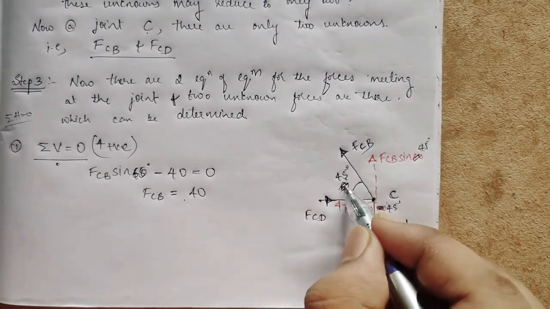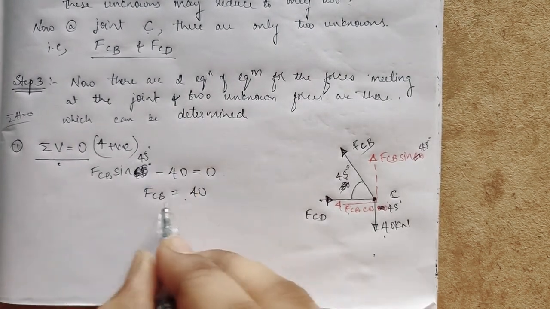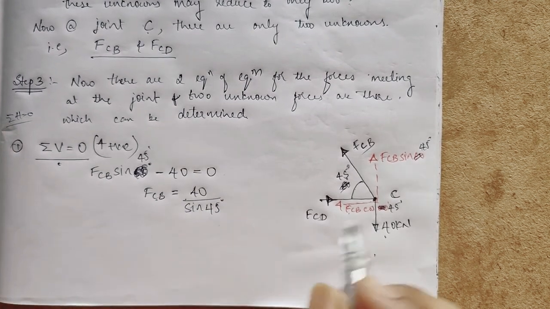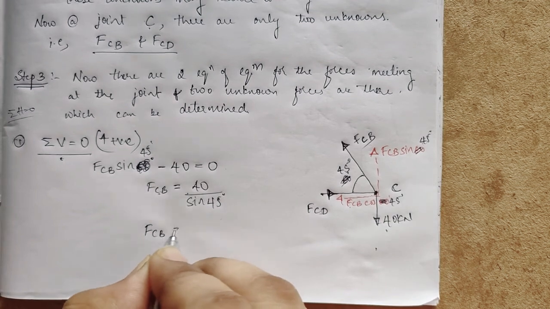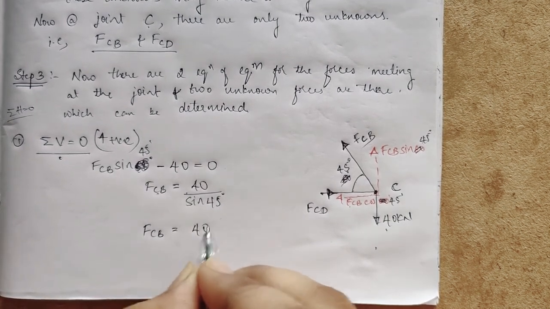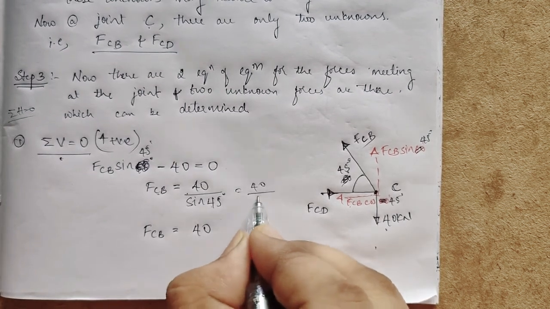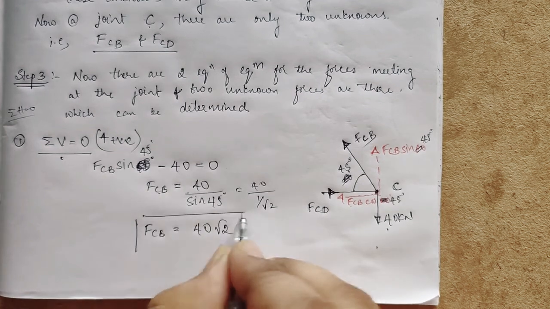So whatever is theta, we got 45. So theta is 45. Okay, so sin 45, so FCB is 40 divided by sin 45. This is 1 by root 2, right? So 40 divided by 1 by root 2. So root 2 goes up, 40 root 2.